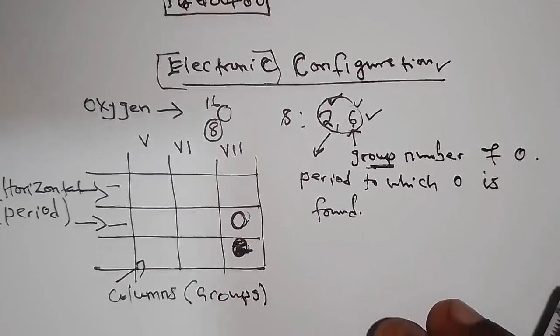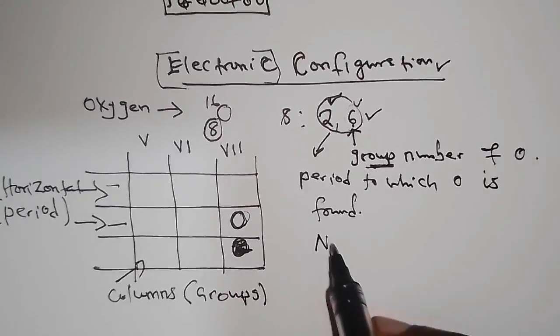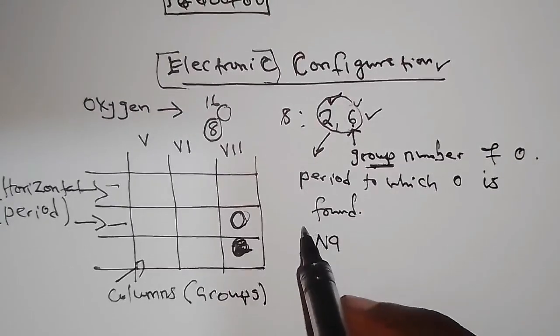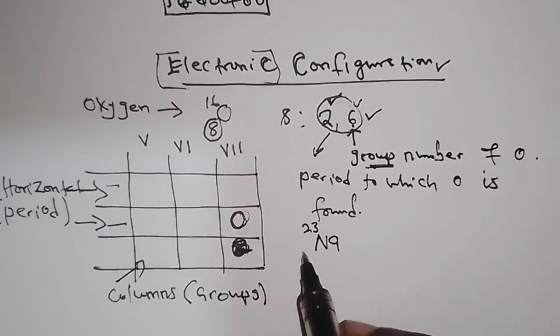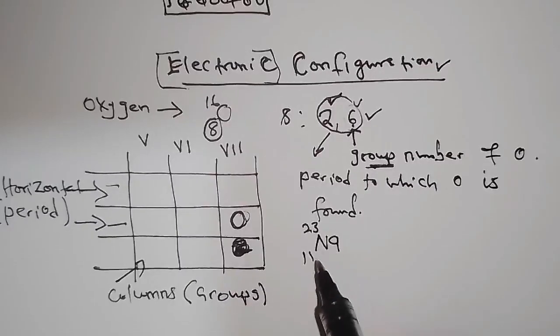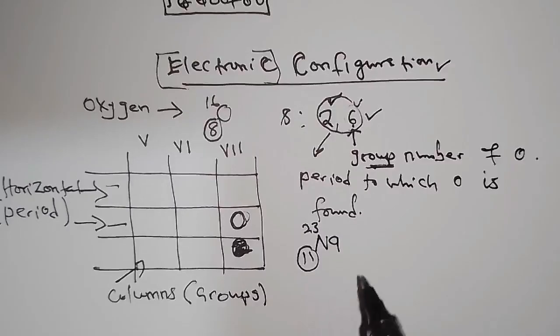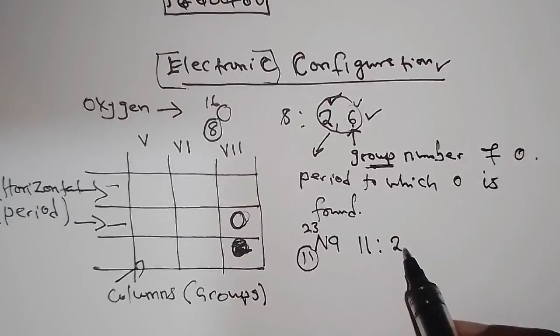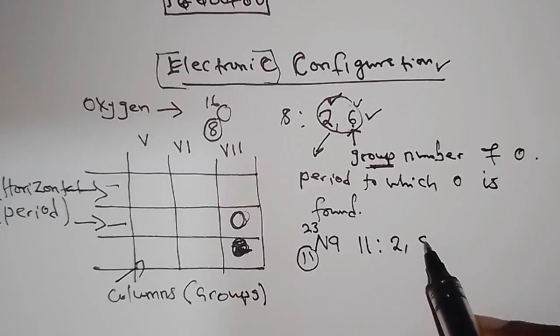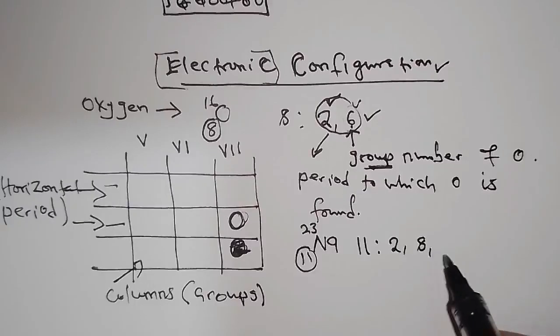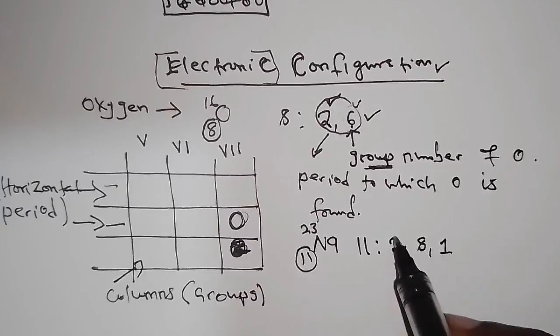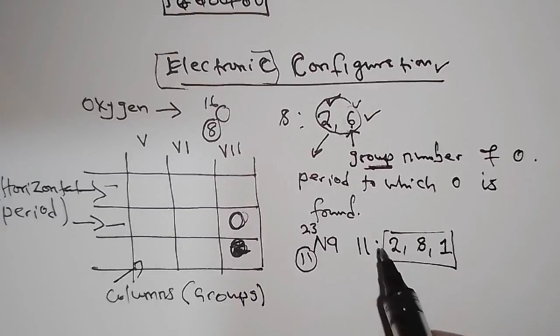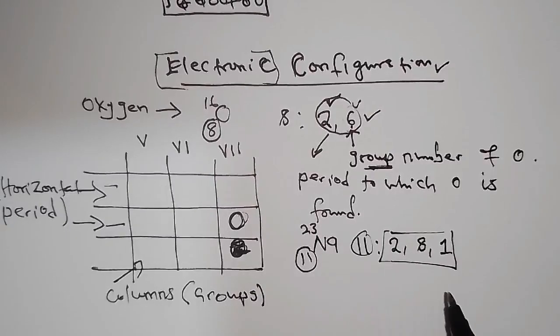You can also do the same with sodium, which has got 23 and 11. Whenever you're partitioning, you look at the bottom number, and that is 11. So you're going to say it's 2, and then 8, and then 1. When you add all these numbers together, you should get 11.